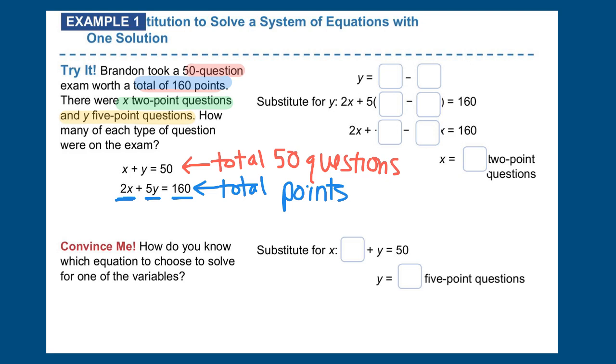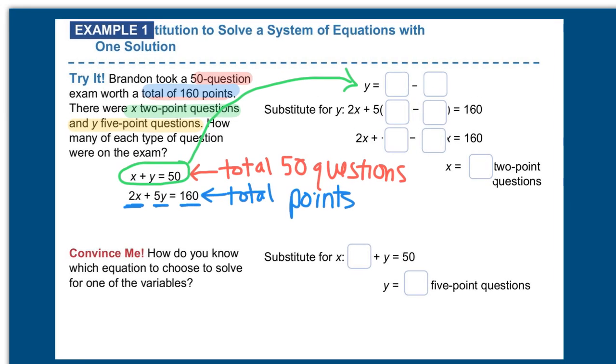Now looking at this, neither one of those equations has a variable that's isolated, but I can totally force a variable to be isolated. So I'm going to look at this equation right here. And they're telling me they want Y by itself, so that means I have to subtract X off of each side.